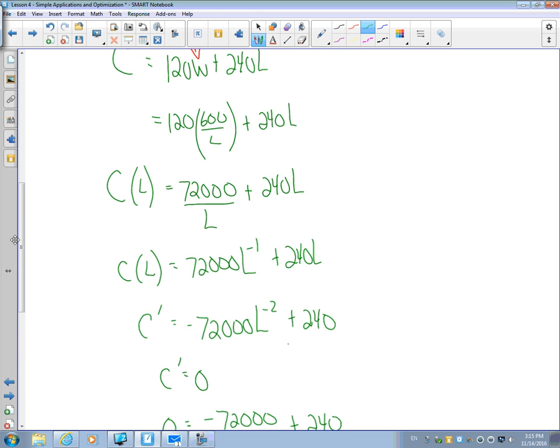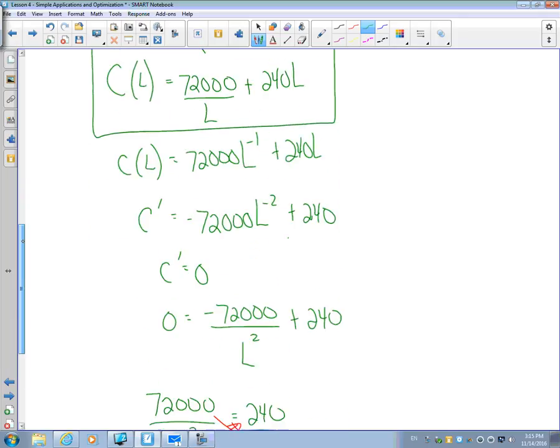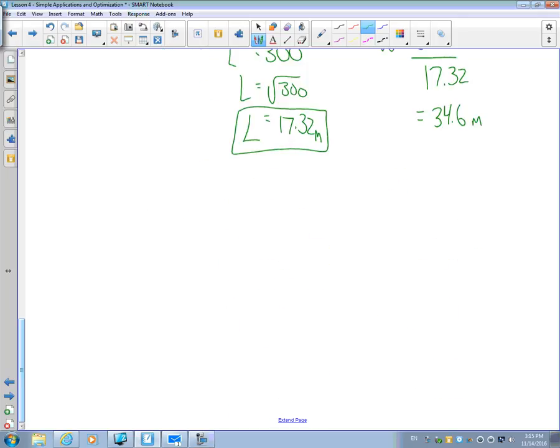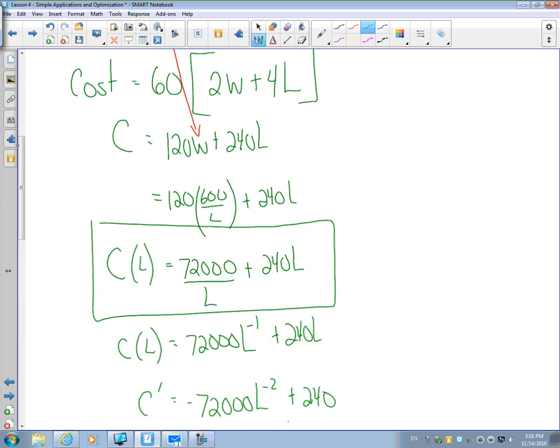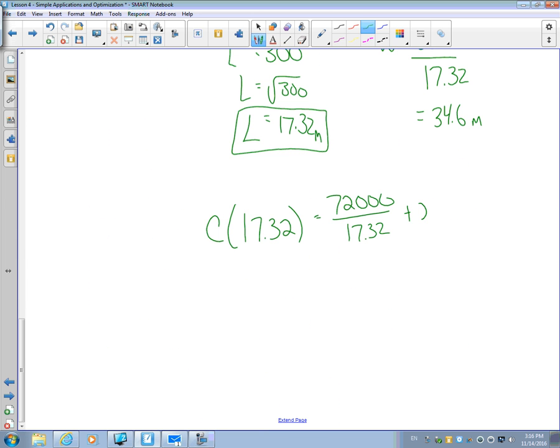So we had all these expressions for cost. Your choice which one you want to use. I'm going to use this one right here. So my cost when L is 17.32 will be 72,000 over 17.32. That was the first part of the fraction, plus 240 times 17.32, there's the second half of the equation, and we get approximately 8,304.